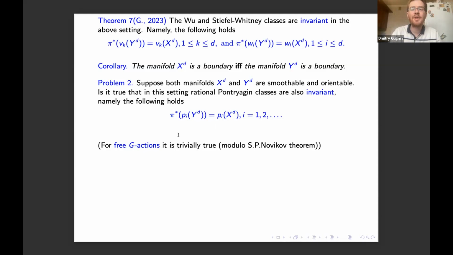But for non-free G actions, it's absolutely unevident why it is so. I haven't constructed any contradiction, any counterexample, but I have some examples where it is so.